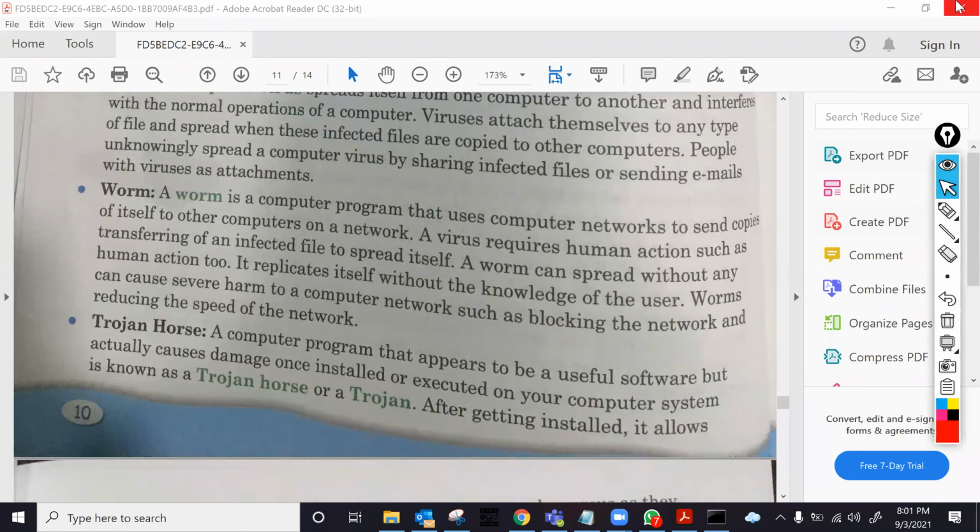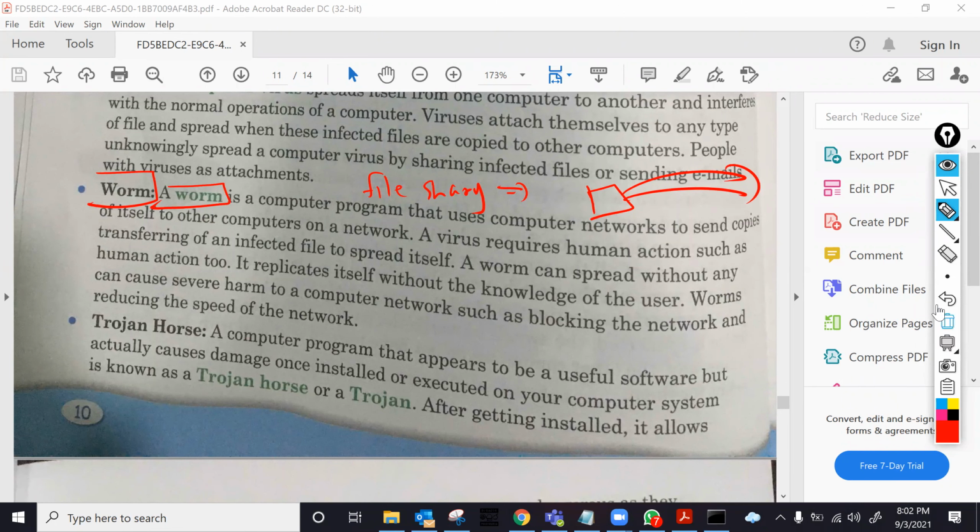So what do you mean by a worm? A worm is a computer program that uses a computer network to send copies of itself to other computers. It's like file sharing. They can take the virus and spread it to other computers over the internet.